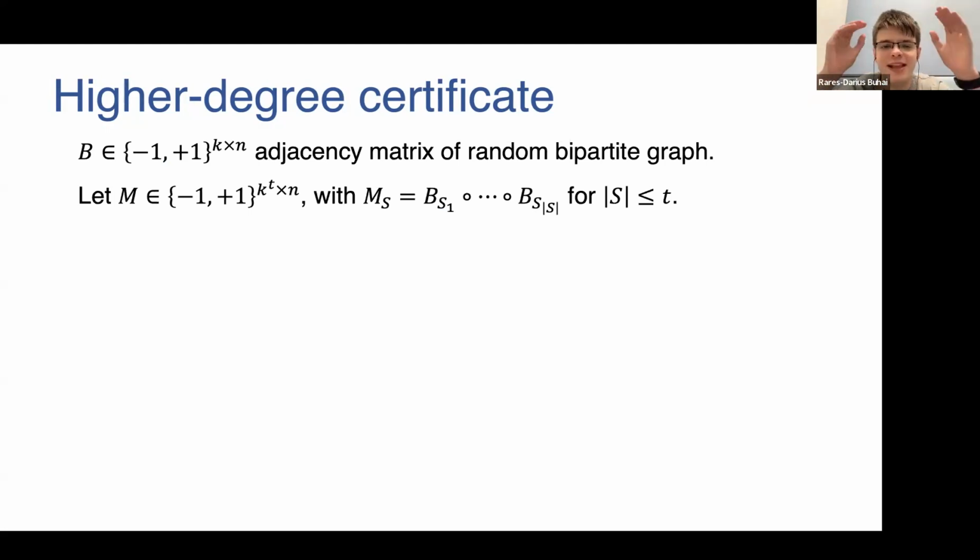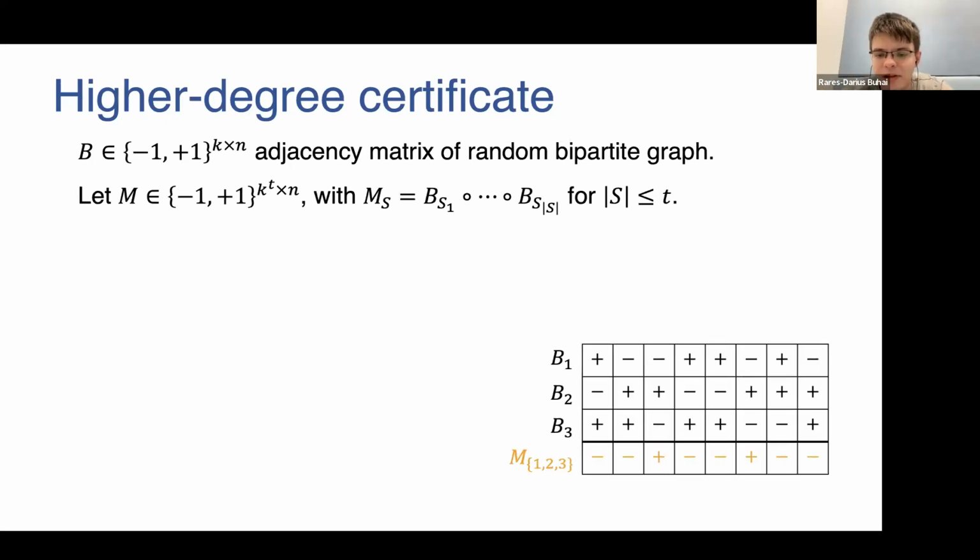Each row is indexed by a set of at most t indices that represent rows in B. And the point is that this row of M is just obtained by multiplying element-wise the rows in B selected by this set. So as an example, if the first 3 rows of B look like this, they're ±1, then the row of M corresponding to the set 1 to 3 is obtained by just multiplying element-wise, across each column, these 3 rows of B.